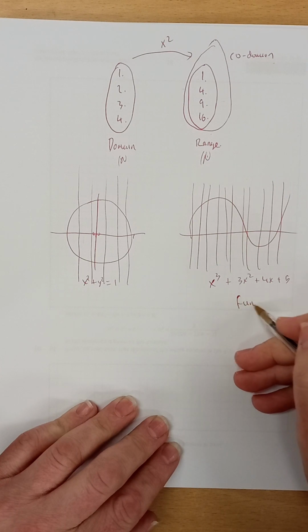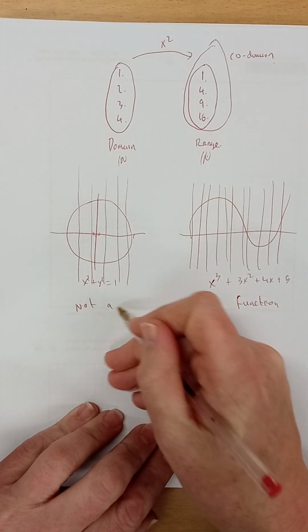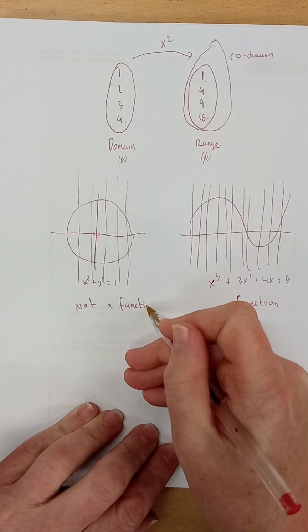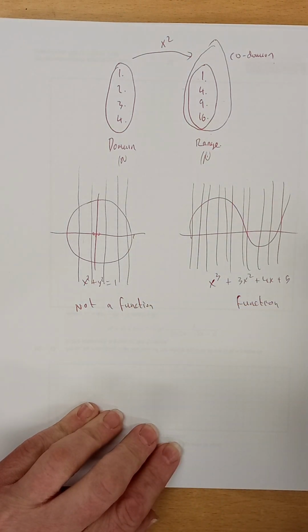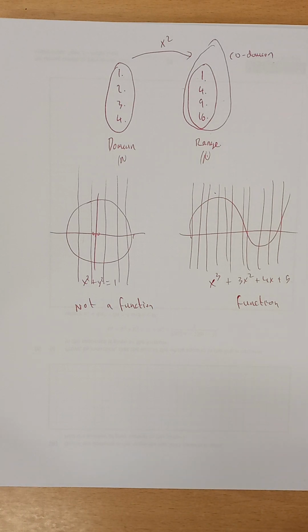So this is a function and this is not a function. So that's your simplest test. Sketch the graph, you don't have to draw it, sketch it, drop vertical lines, and if those vertical lines intersect more than once, it's not. So it's a very simple test to see whether or not it is.